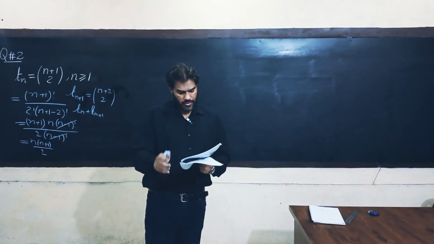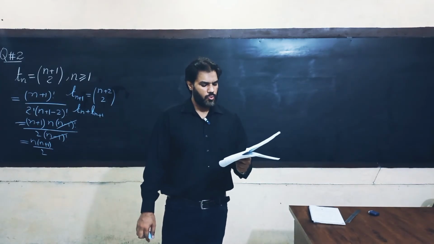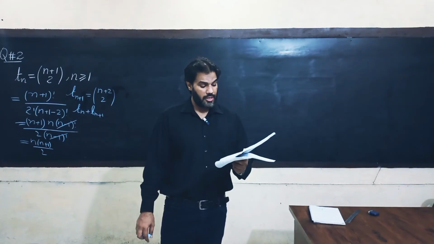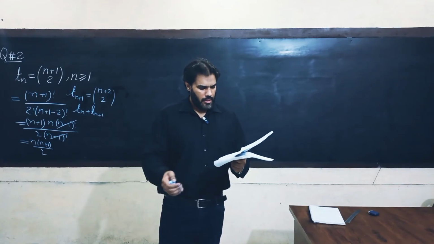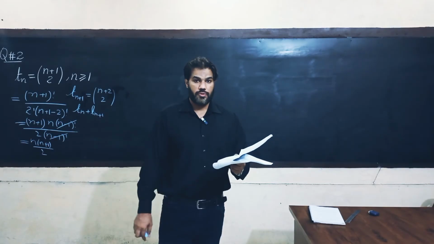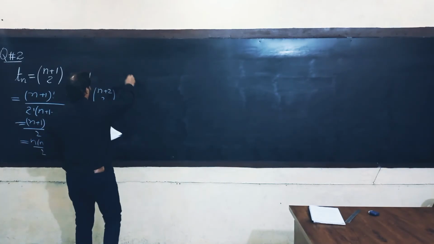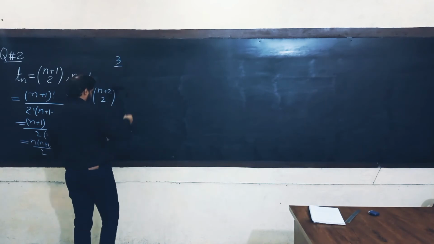Next, question number 3 is attributed to the Hindu mathematician Aryabhata. In this question, we have to derive the formula for the sum of triangular numbers. Question number 3.